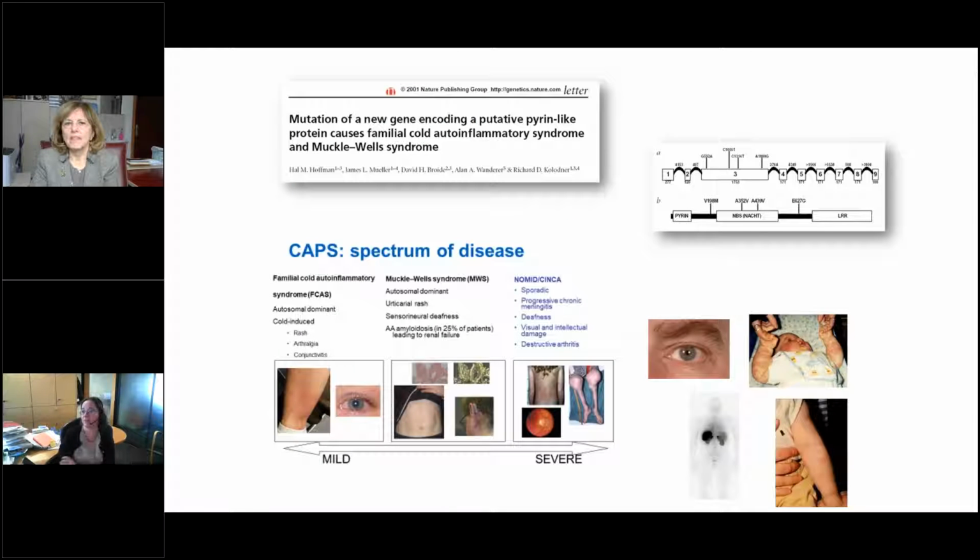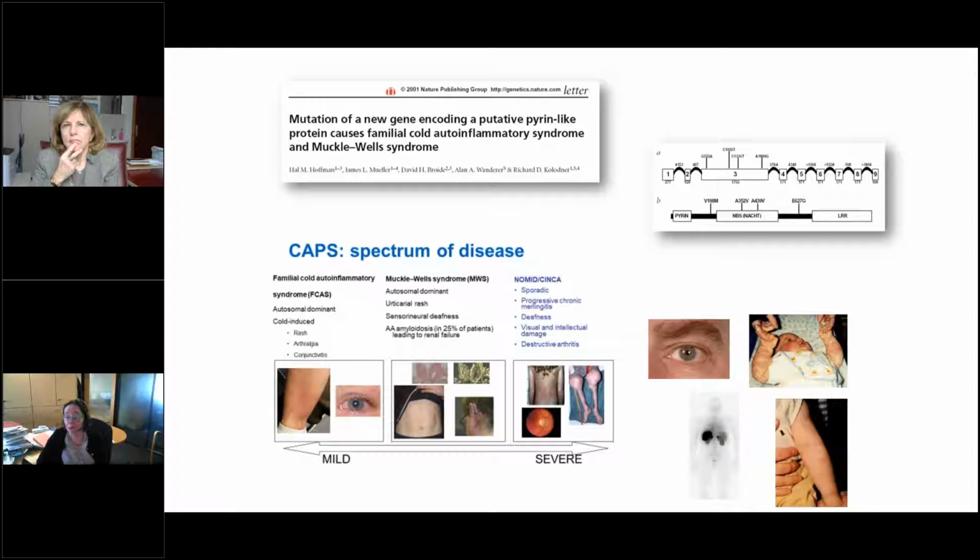Moving on to the next of the diseases, CAPS, the cryopyrin-associated periodic fever syndrome, is a disease that was first recognized as a single disease following recognition of the gene causing this in 2002. And this was first published in 2001 by Hal Hoffman, and we found the gene a couple of weeks later for mid-spectrum disease, Muckle-Wells.